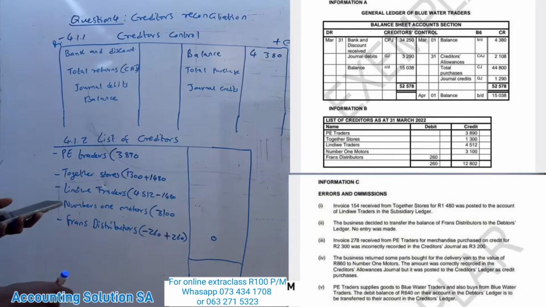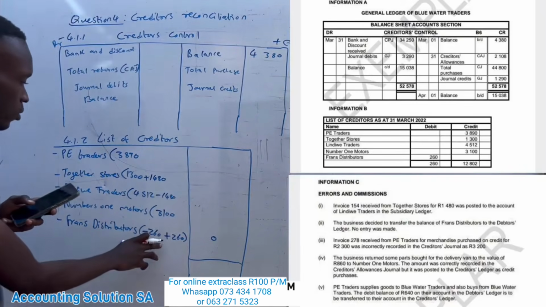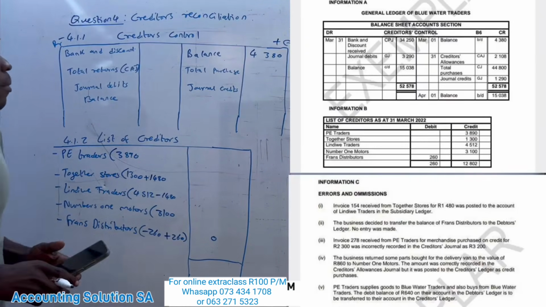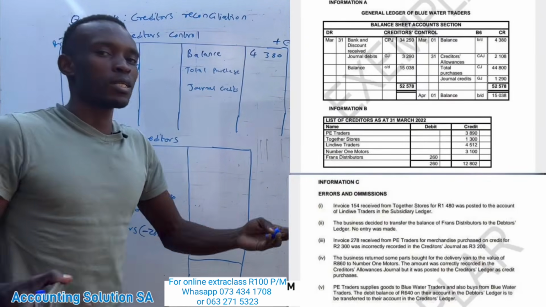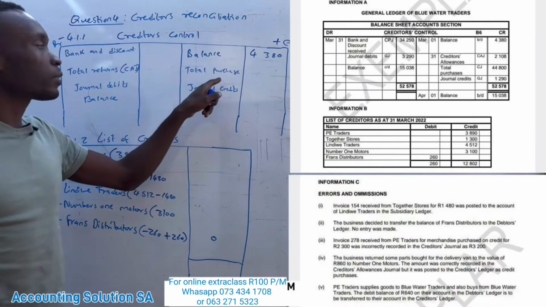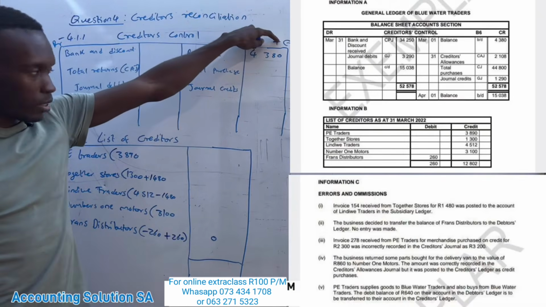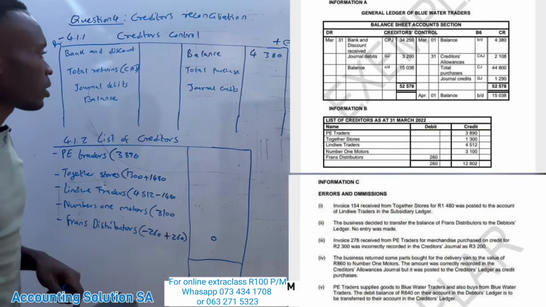Okay, now let's look at this transaction that I was talking about. Remember, opening balance simply means that it is the closing balance of last year. We start with it. Total purchase is on the credit because it's increasing what? It's increasing the liability that we have for this year.